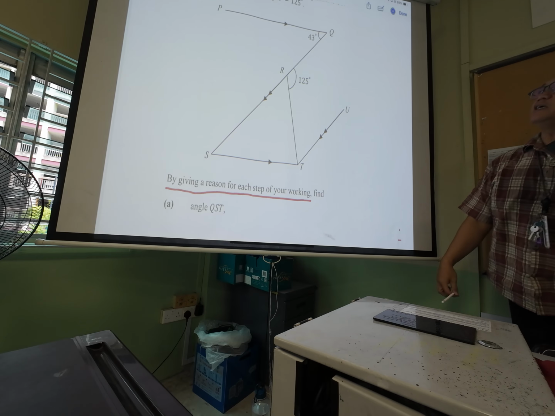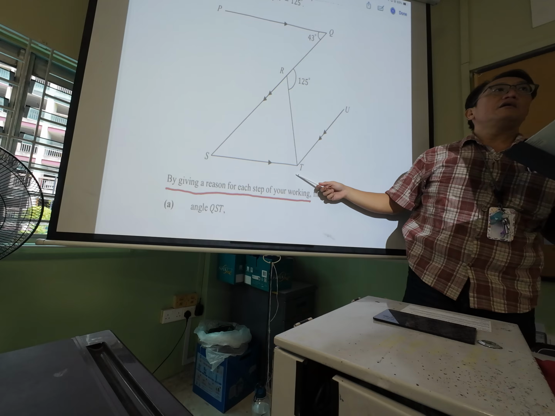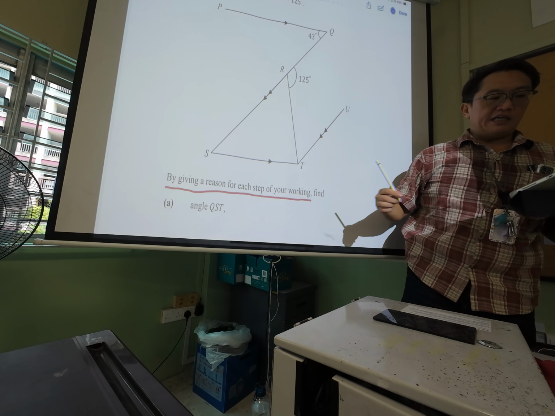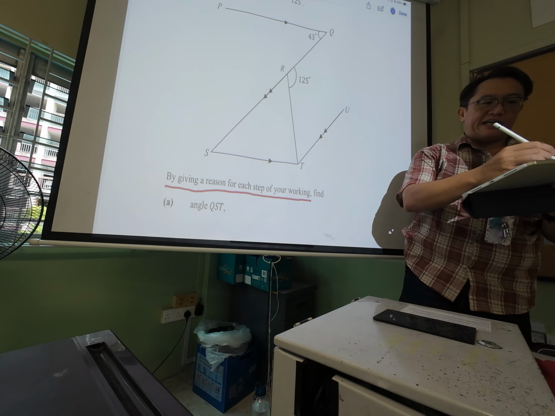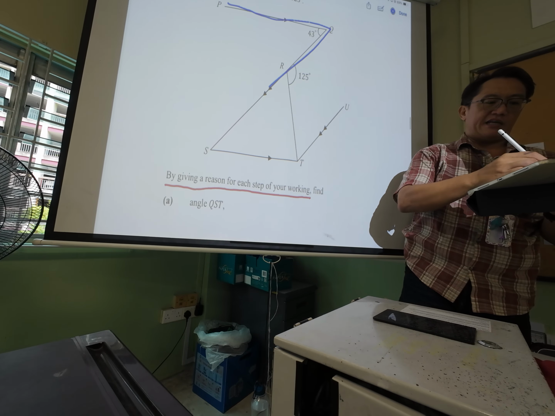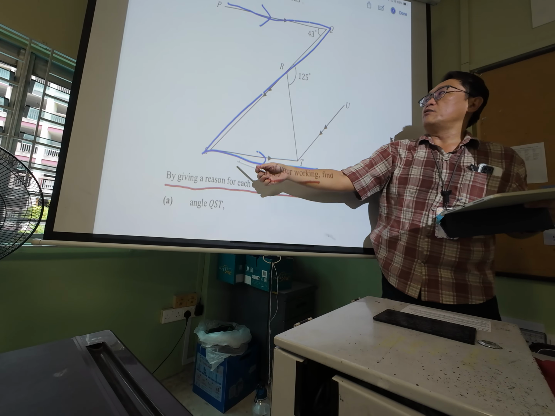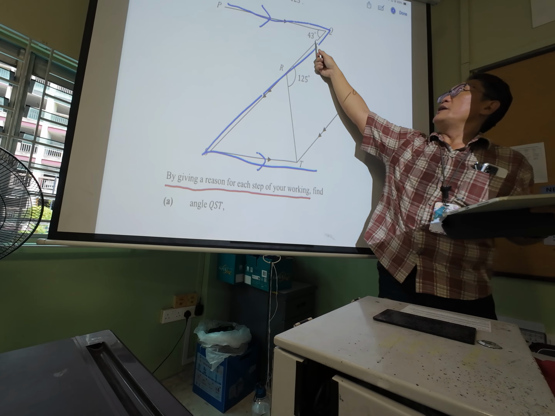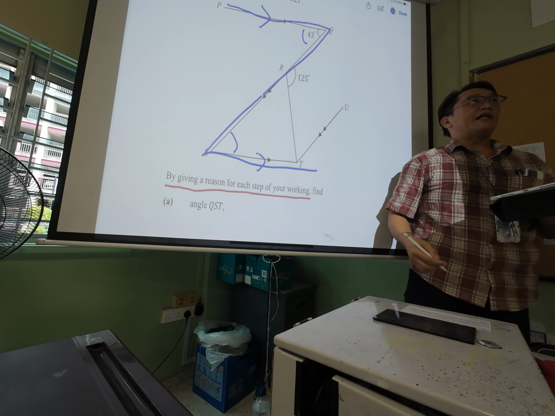Angle QST. Can you see a very big Z? They also put it just nice, a Z like that. The head and the tail are parallel, so we can use this: these two are the same.